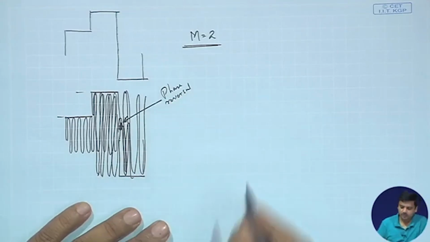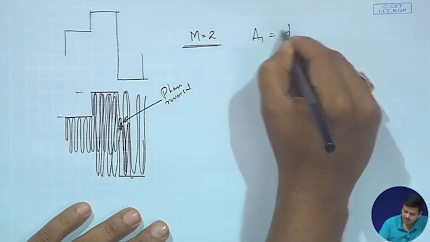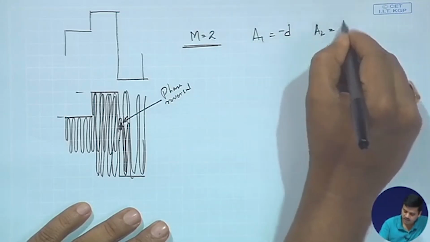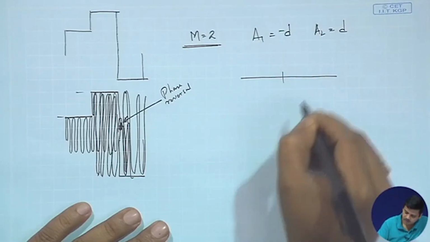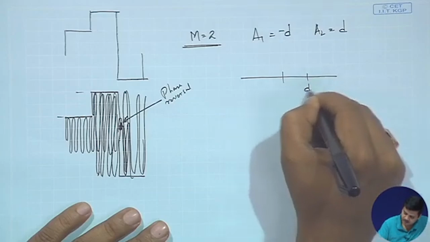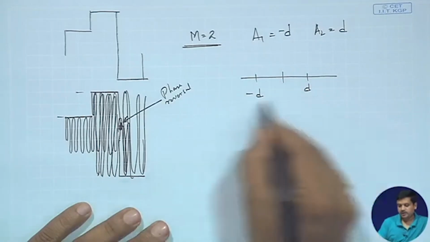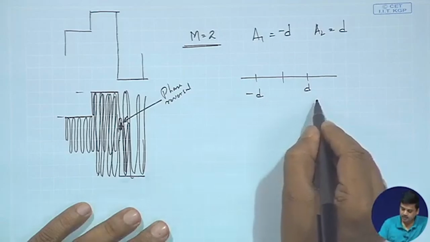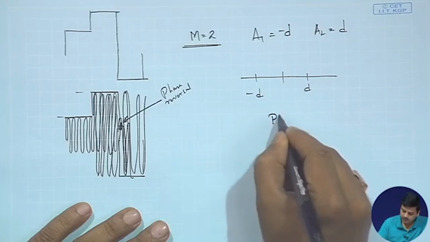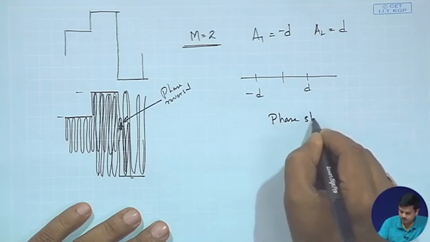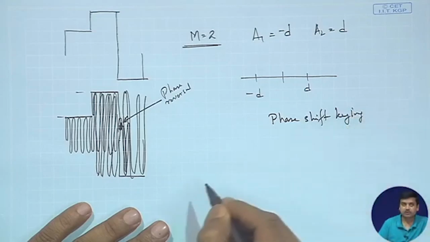We should be careful over here. We have said that A1 is equal to minus d and A2 is equal to plus d. I just need to give a reminder at this point. If you look at these two levels, what you would also encounter is phase shift keying, which we will study later.